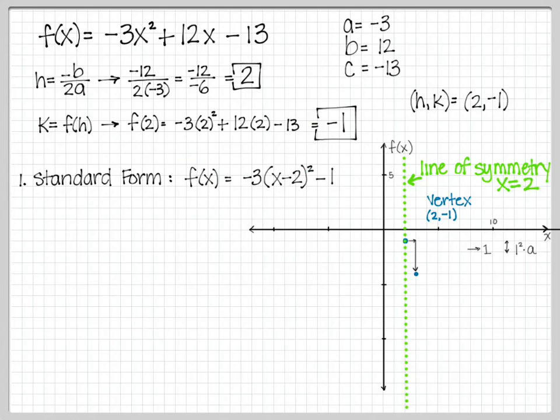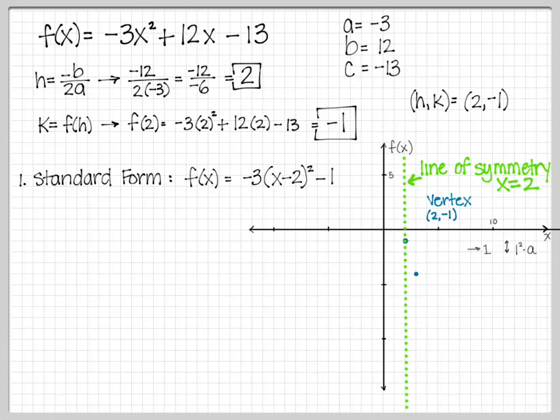There are a lot of ways you could just plug numbers in, but an easy way to think of it is from the vertex. I call it the Parabola Dance. From the vertex, you step 1 over, and then you move up or down 1 squared times your A. Remember, in our problem, A is -3. So I'm going to go over 1 and down 1 squared times -3, so down 3. And I put a dot right there.